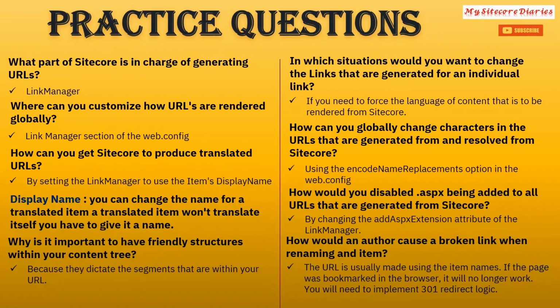If you change that item name, your URL also changes, and if the previous URL is bookmarked, when the user tries to access it, it will give you a 404, page not found. In that case, you have to write a 301 redirect also if you are changing the item name.